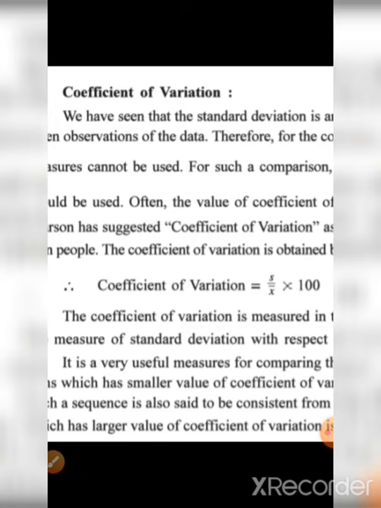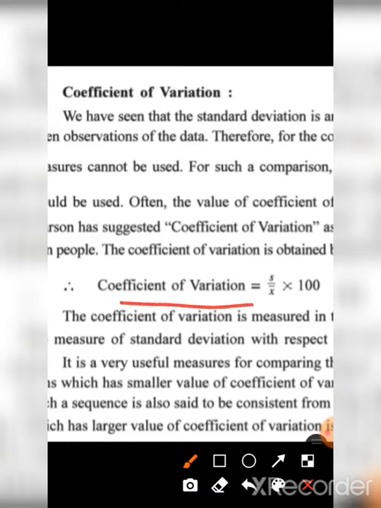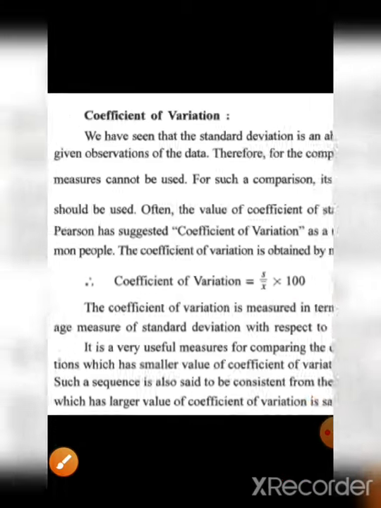The formula for the coefficient of variation is standard deviation divided by mean into 100, and as you are multiplying the formula by 100, the coefficient of variation will always be in percentage.